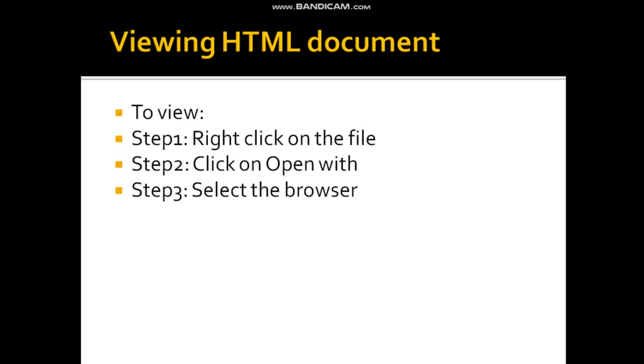So go to your file like abc.html, right click, then click on open with and select the browser. Browser means Google Chrome, Firefox Mozilla, Internet Explorer, these are all browsers. So select any browser, whatever your laptop supports. When you open it with a web browser, that Notepad file will become a web page. Clear? I'll show you. Next time we will run the code. I'll show you how to make web pages.